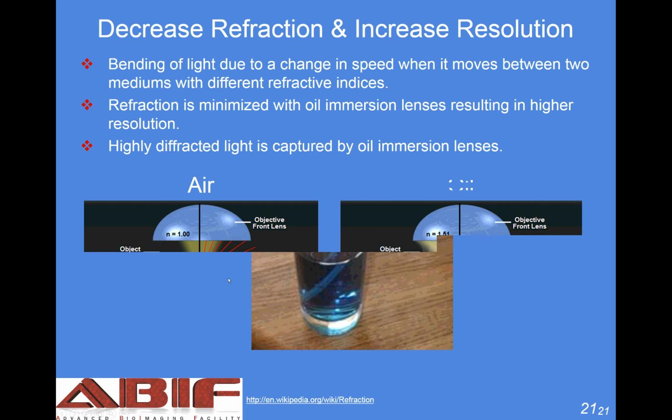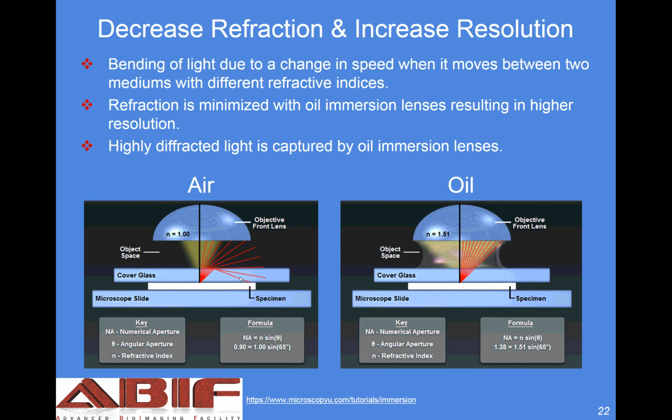So refraction also occurs in the microscope, and we have the bending of the light when it goes between materials of different refractive index. So if we take this case on the left here with an air lens, if light's coming from the sample, it's going from glass to air and then back to glass on the objective lens.